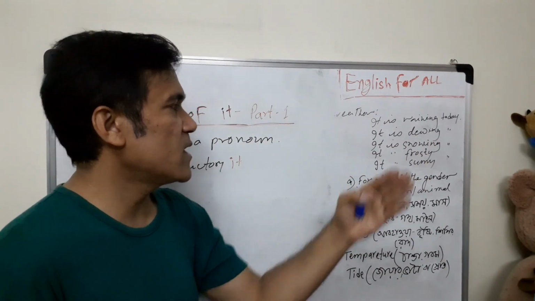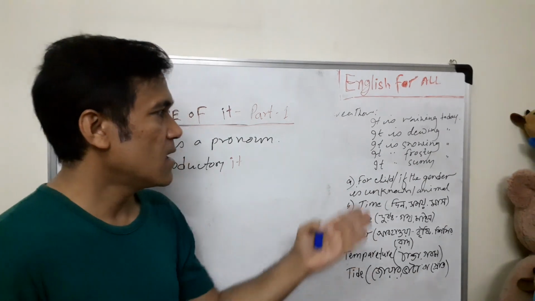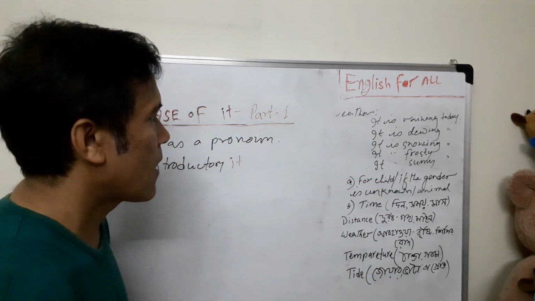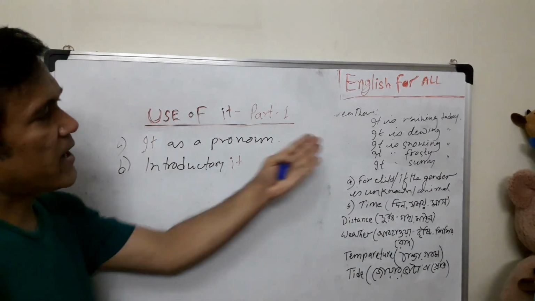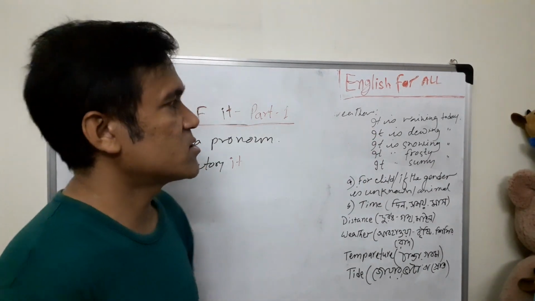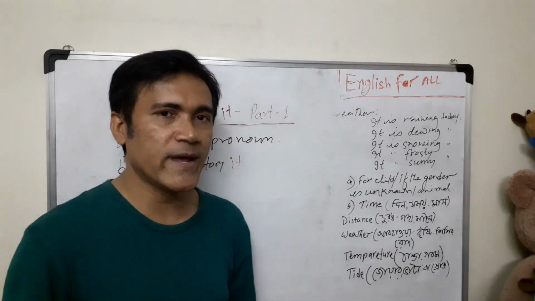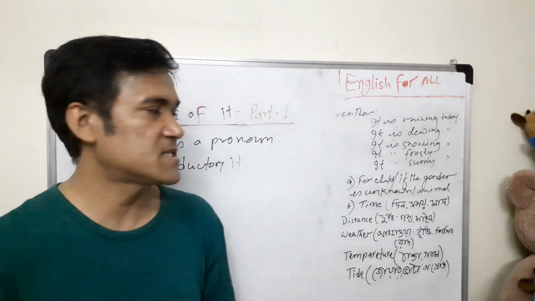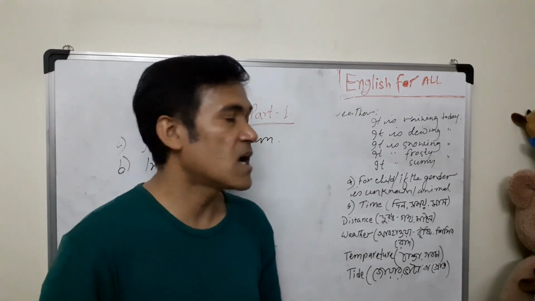It is frosty today, আজকে তুষারাচ্ছন্ন দিন. It is sunny today, আজকে খুব রৌদ্রময় দিন. You can make it also in the past form, like it was raining yesterday, it was dewing yesterday, it was snowing yesterday, it was frosty yesterday, it was sunny yesterday.